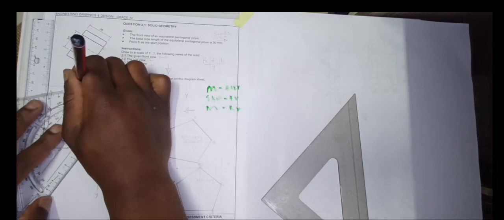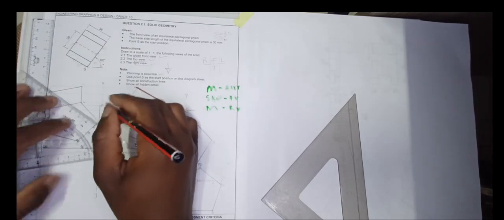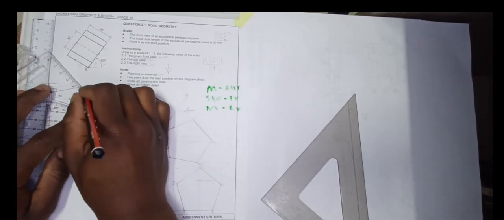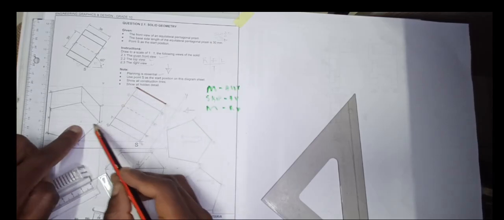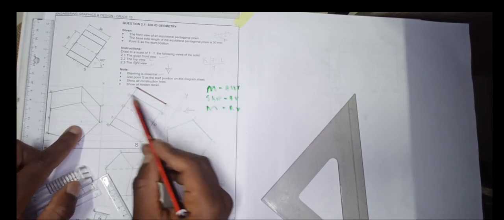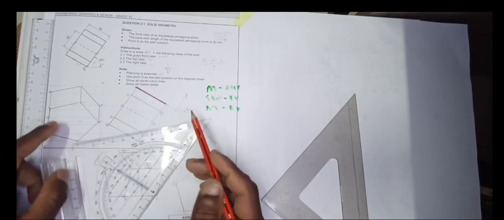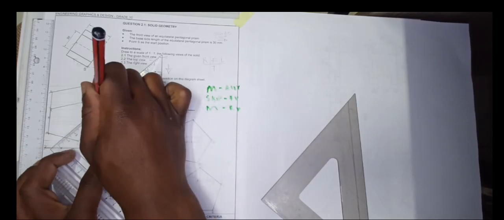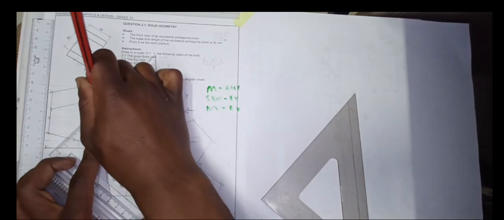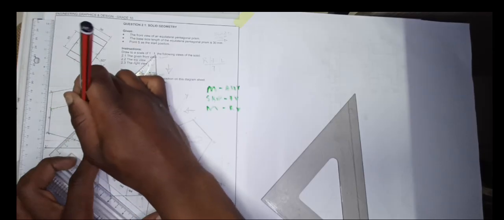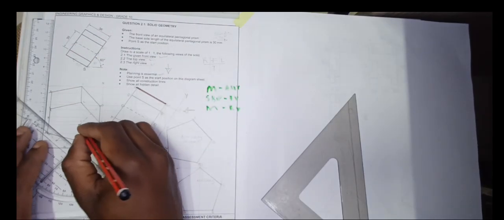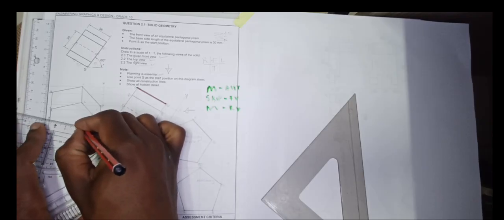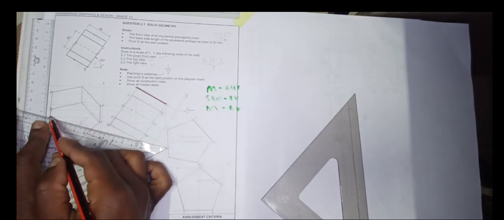Okay, and then from this C to this E, remember the three ones inside, they have to be in hidden detail lines. So this one here is going to be in hidden detail, and then including also this A, which is this one here.